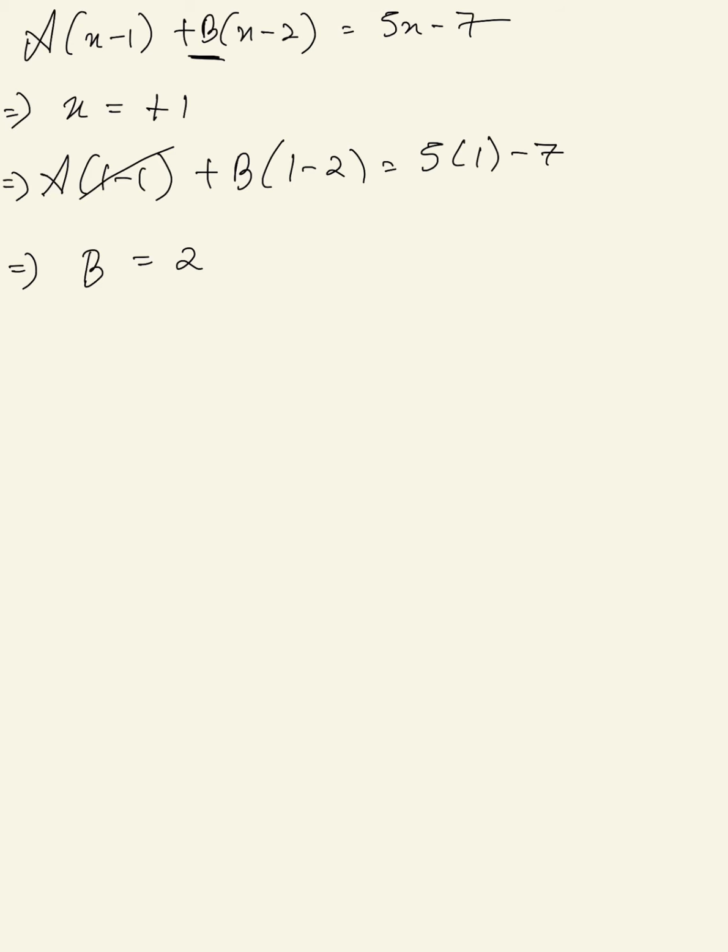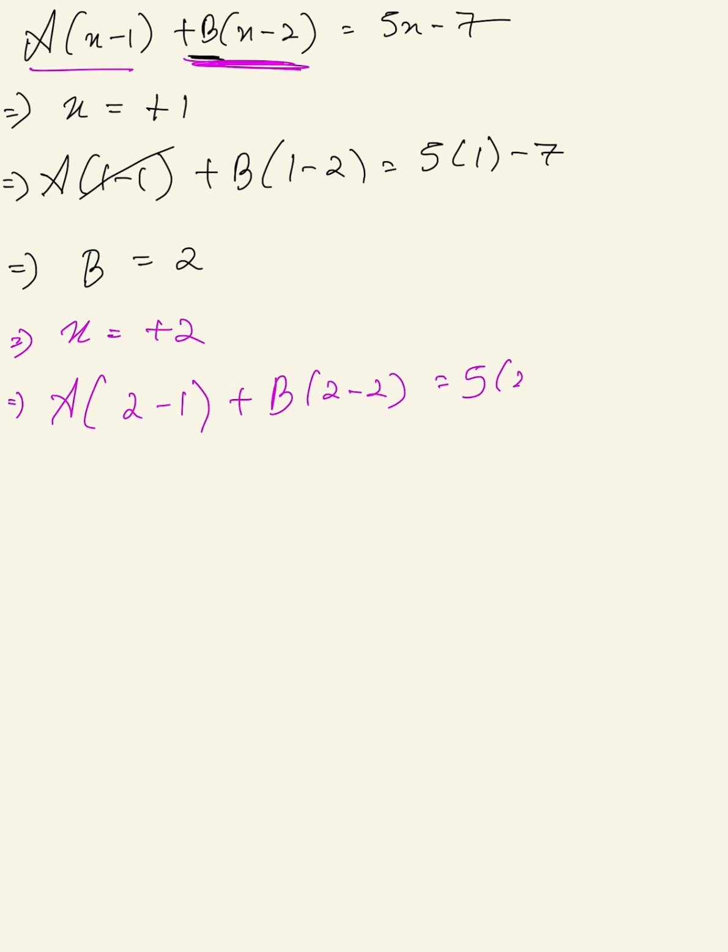Let's do it again to find the value of a. To do that, we'll turn this term right here to 0. For that to happen, we'll consider x to be positive 2. Let's solve it. So the a value will be 3.